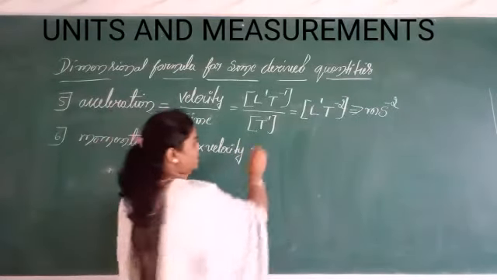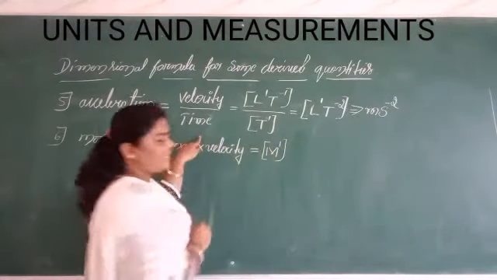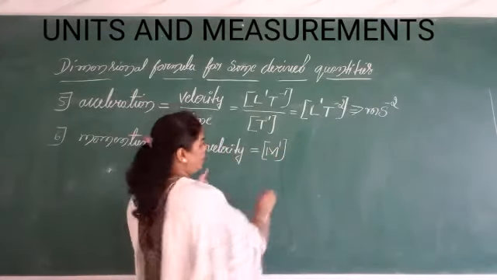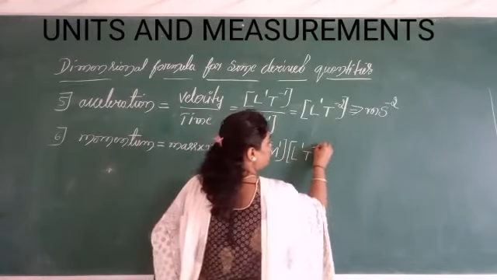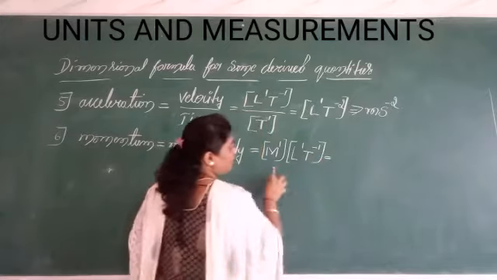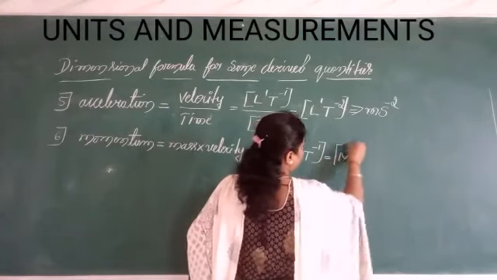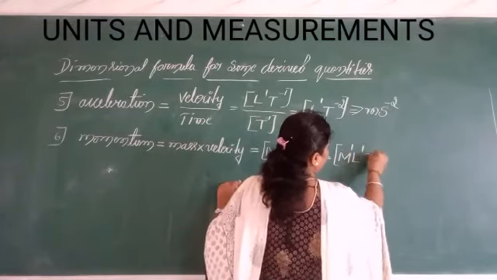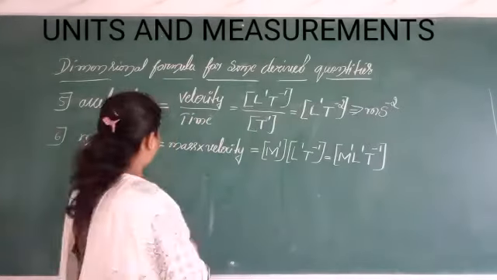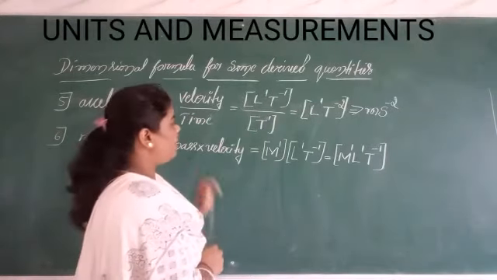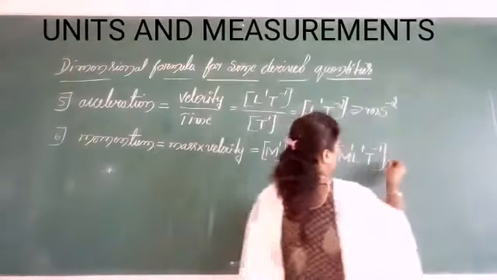Now the mass dimension is m1, since the power is 1. Velocity we know: L1 t minus 1. Combining them, m1 L1 t minus 1 is the dimensional formula for momentum.